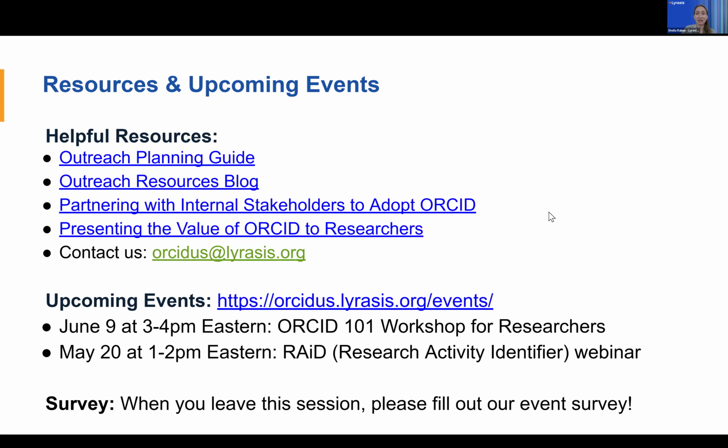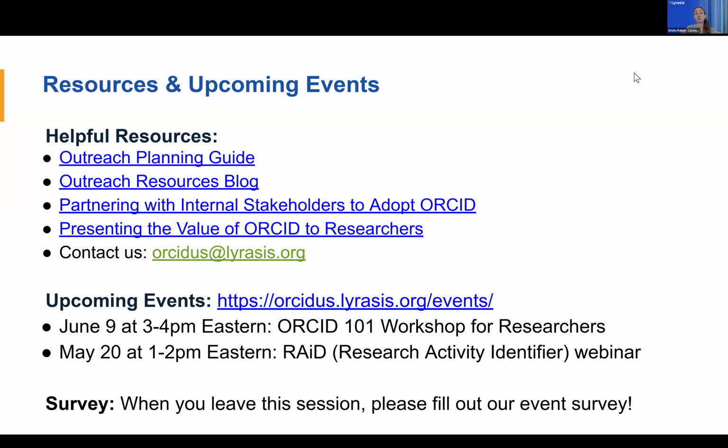That's a great question. And the answer kind of varies depending on how that information got into the person's ORCID record to begin with. So if an individual manually added their employment affiliation to their own ORCID record, then it's up to that individual to go back in and update the end date of that affiliation when they leave the institution.